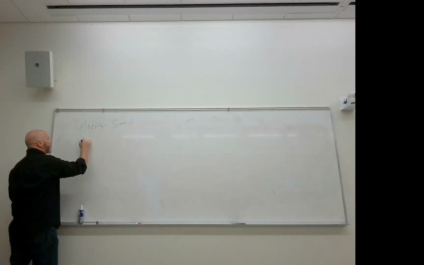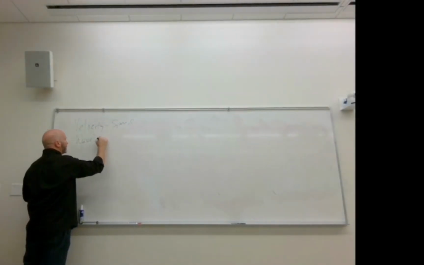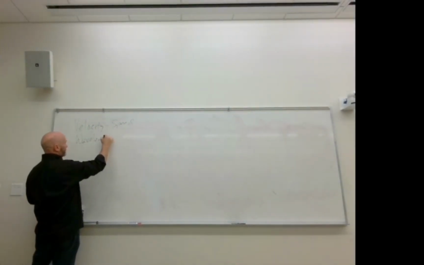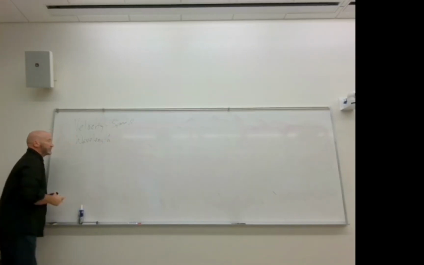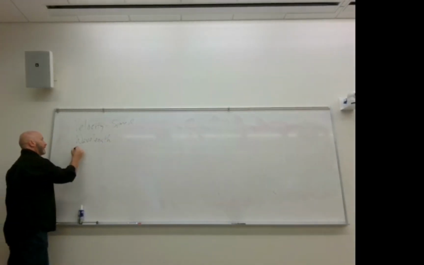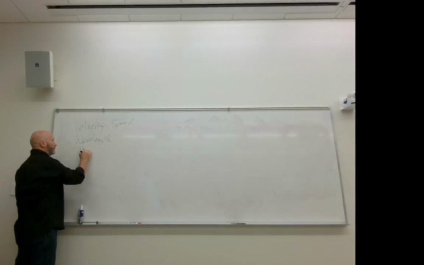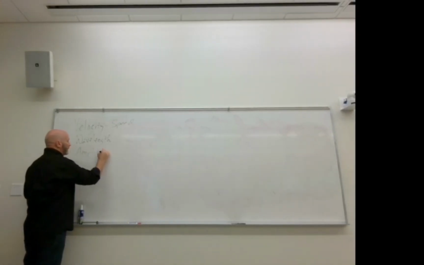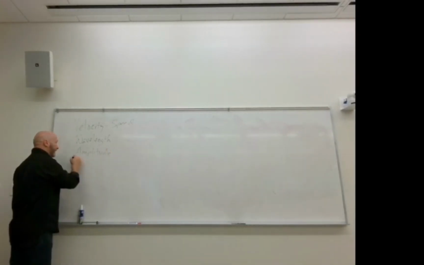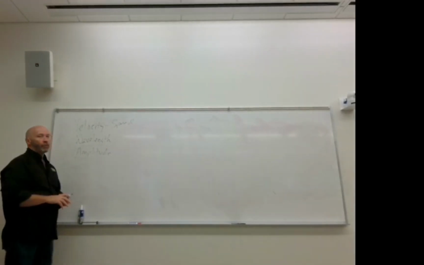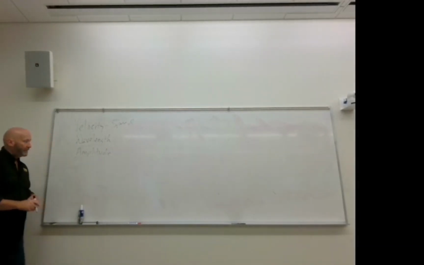We have a wavelength, because it travels in waves. We have an amplitude, which for this lecture is probably the least important of the four. And we have frequency.